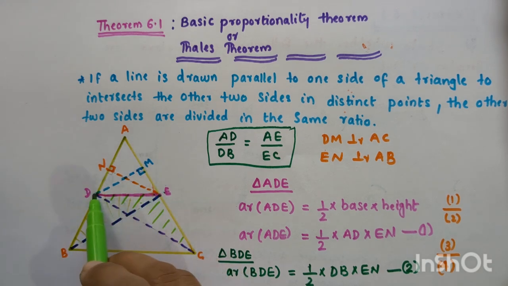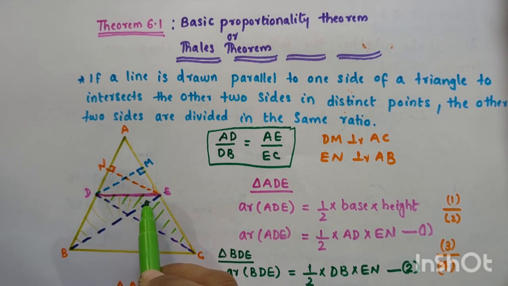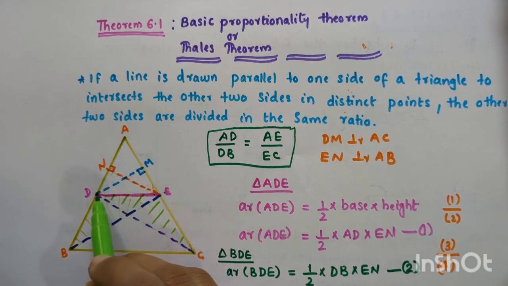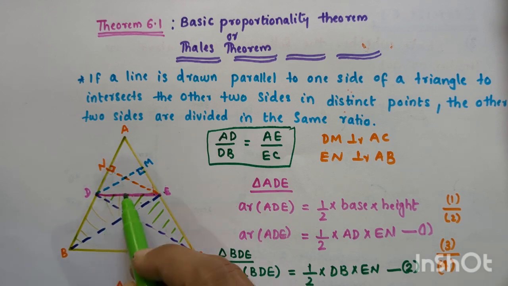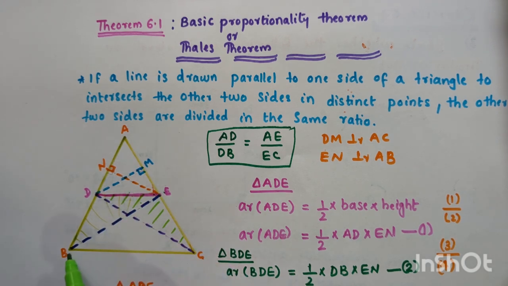For the triangle DEC, we have the base DE. So these two triangles have the same base DE, and these two triangles are between the two parallel lines BC and DE.